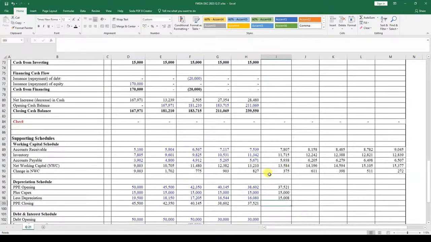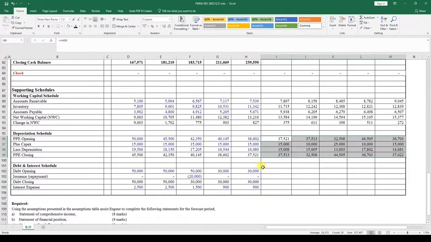And we get that. To get the closing PPE, we get the opening PPE, we add the capex and less the depreciation on the machines. So we drag the formula moving to the right like that, and we can pull the formula towards the right or drag it.